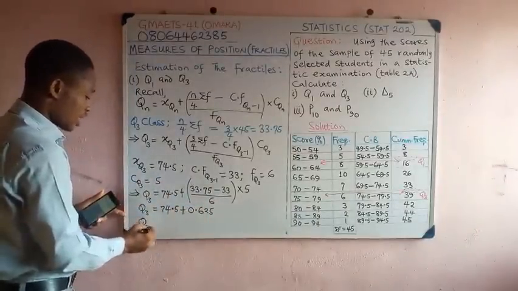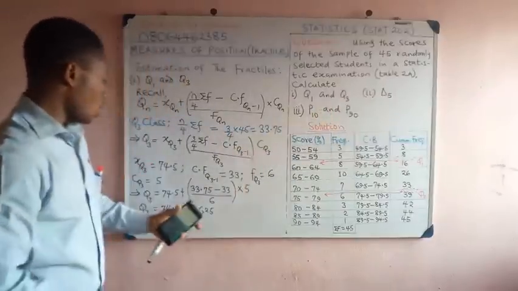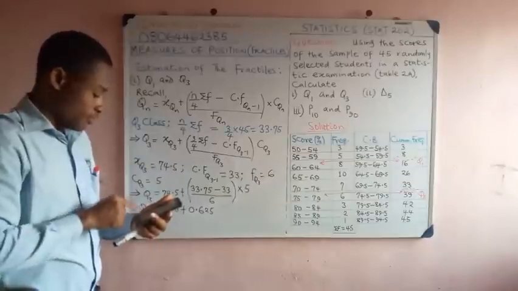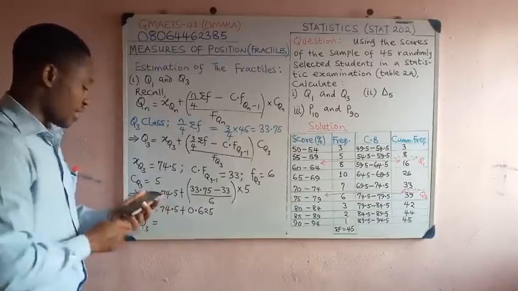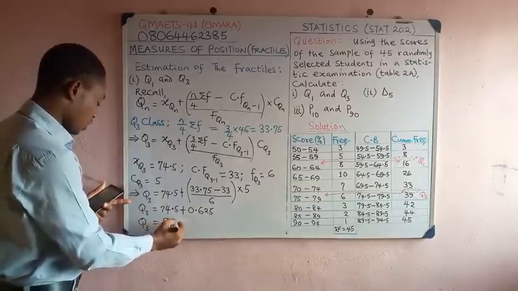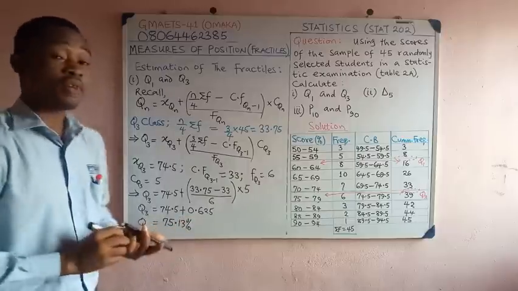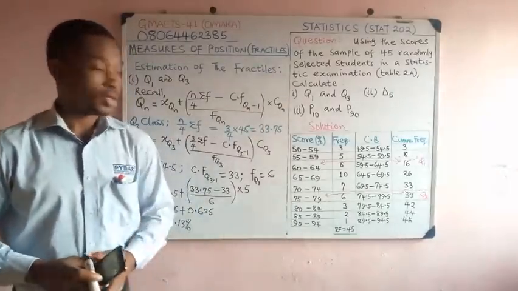Is that okay? The third quartile value is given as 0.625 added to the lower class boundary of that third quartile class, 74.5. So I have 75.13%. So this gives us the Q3 value for this student score.